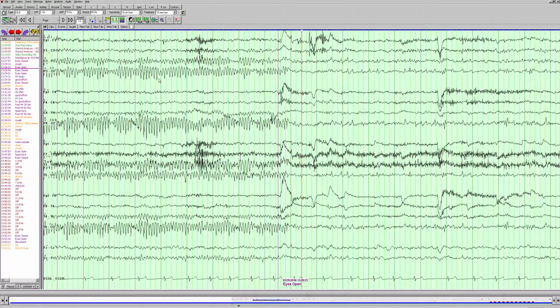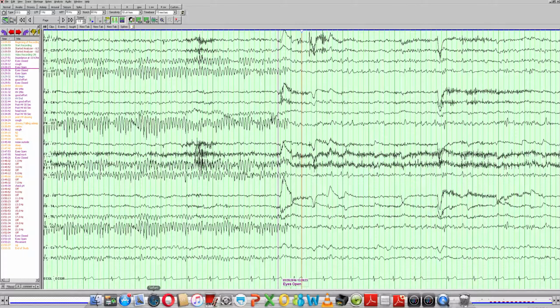The posterior dominant rhythm should be alpha frequency, and that is, well, actually that's not even true, because alpha frequency is above 8 hertz, and the posterior dominant rhythm should be greater than 8.5 hertz. We shouldn't call the posterior dominant rhythm alpha rhythm because sometimes it is slower than alpha rhythm. Sometimes it's theta rhythm, which is slower.